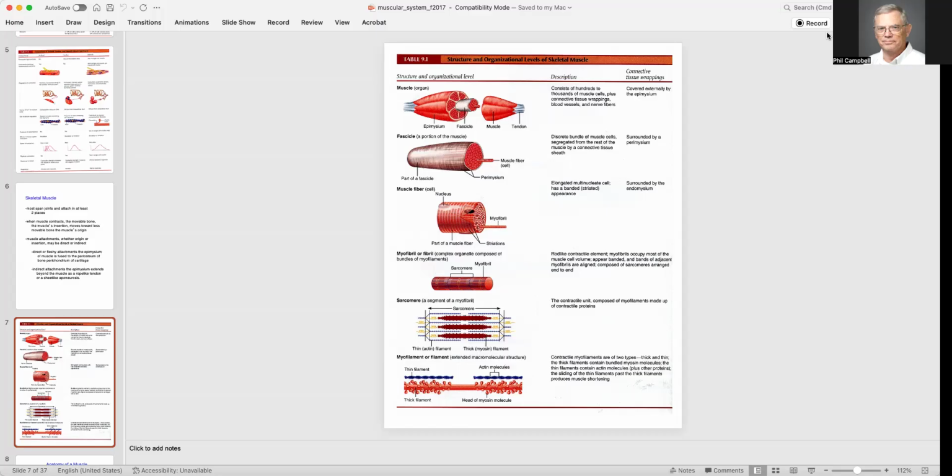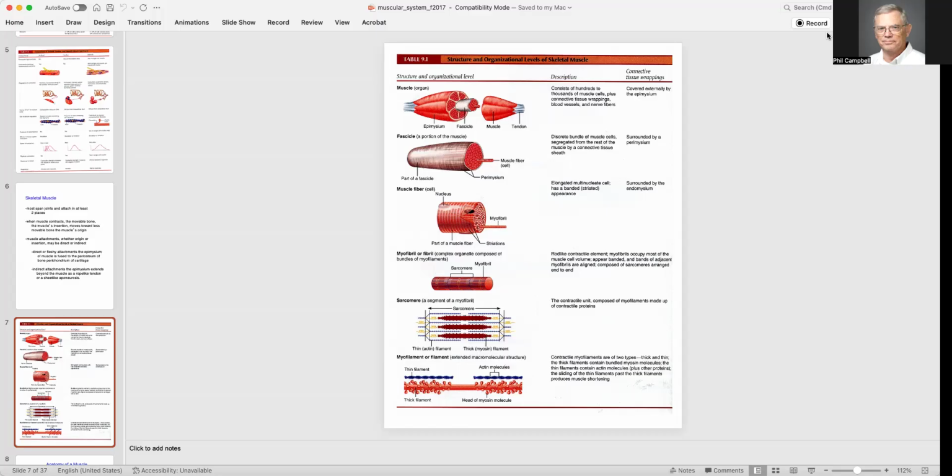All right? Now, I mentioned the smallest contractile unit, the sarcomere. That's what you're looking at right here. So the sarcomere, you have a series of those sarcomeres which comprise together an individual myofibril. Okay? So the sarcomere starts at what is called a Z disc, and they end with a Z disc.